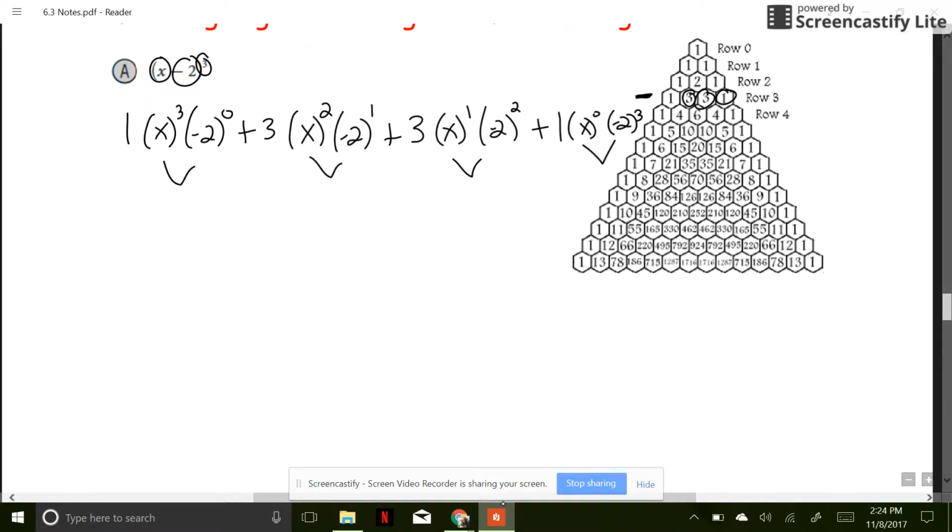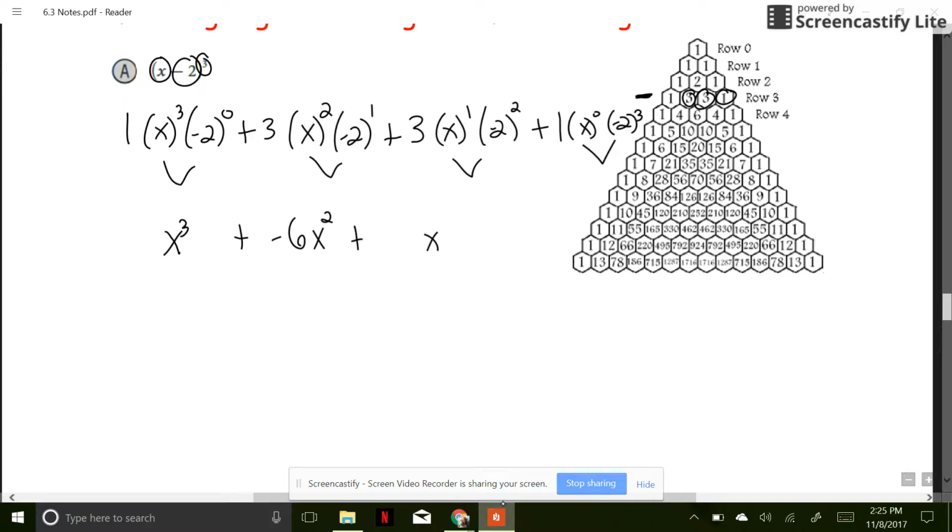So simplifying here, x cubed is just going to stay x cubed because that negative 2 to the 0 power is the same thing as 1. Here, when we multiply, we'll have 3 times x squared times negative 2 to the 1. So essentially we're taking 3 times negative 2, which is negative 6, and then we have the x squared. Here we know we're going to have an x to the 1.